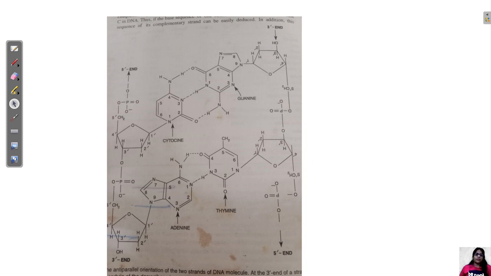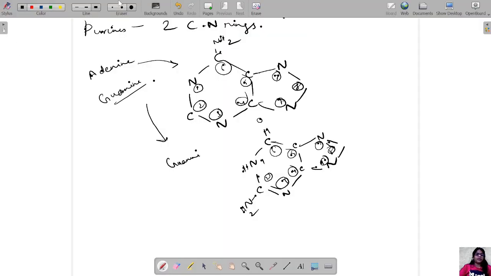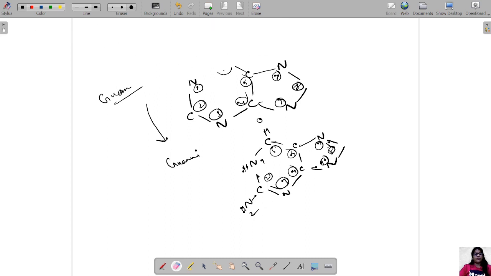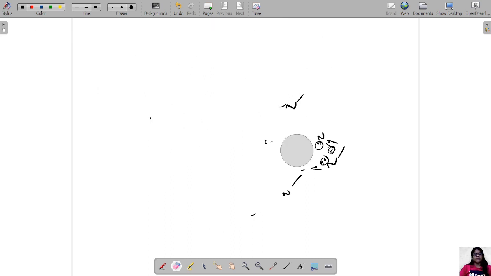So I thought it would be important for me to discuss a question that was asked last time. That question was: if the GC content in one DNA is this much, what is the percentage of the other nucleotides? So let's discuss that now.